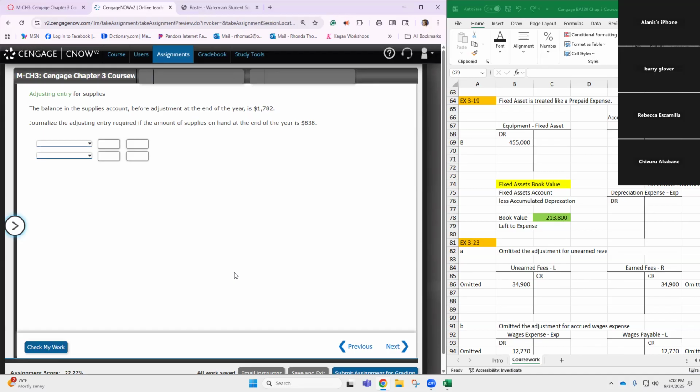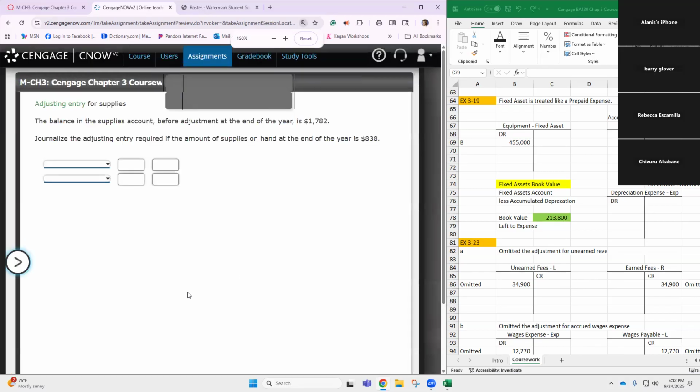So let's see what they're telling us here. We're going to make an adjusting entry for supplies. Draw a T account, and we'll put supplies here. That's an asset. It has a debit normal balance.